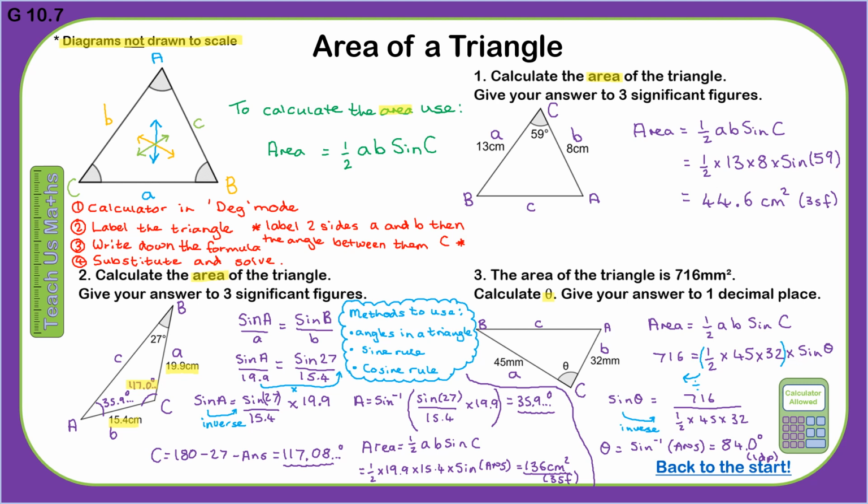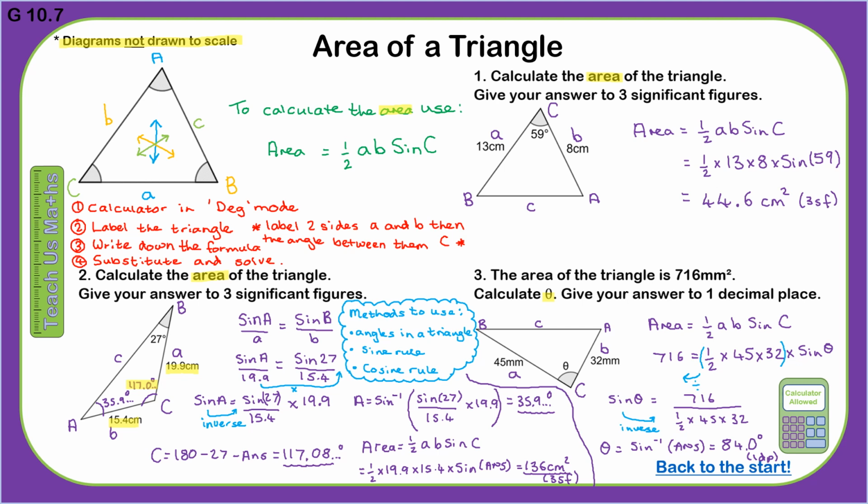So my triangle that had an area of 716 millimeters squared and two lengths given to me, 45 millimeters and 32 millimeters, I have worked out that the missing angle in between sides a and b is 84.0 degrees. And this seems like a reasonable answer.